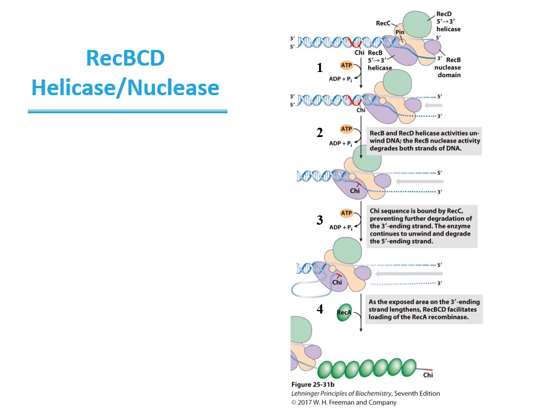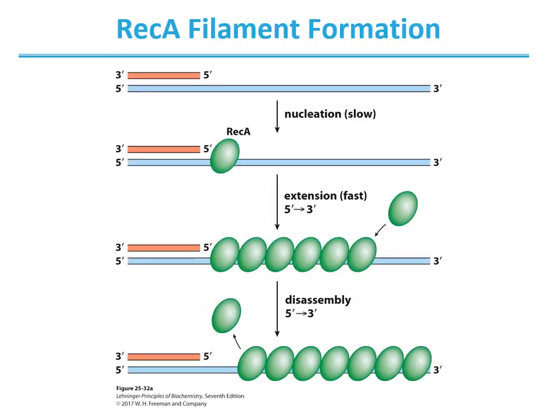The subunits assemble cooperatively on DNA in steps of nucleation and extension. Cooperatively means that the binding of one subunit to DNA facilitates binding of the other subunits to DNA. RecA protein filaments. RecA and other recombinases in this class function as filaments of nucleoprotein.